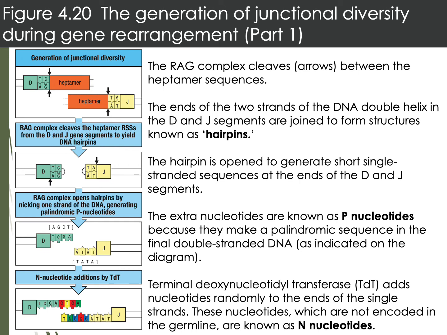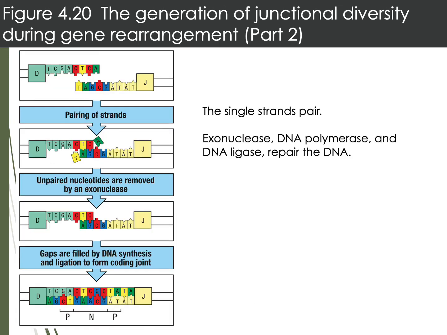Now the cell has a second change to its genetic information because we're adding these N nucleotides. These additional nucleotides are being added so that we can line those up. What happens is these strands end up pairing where these base pairs will actually meet. So these are just randomly added to the ends of our P nucleotides.